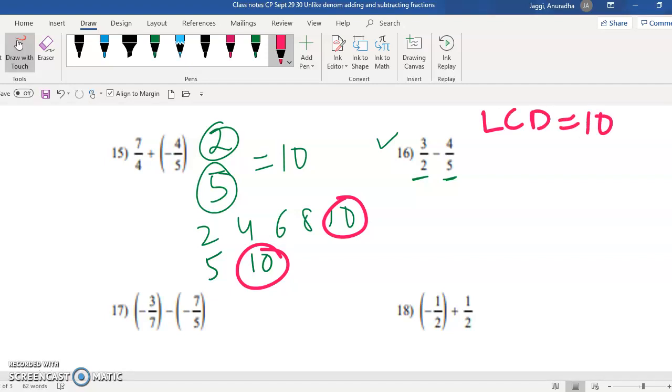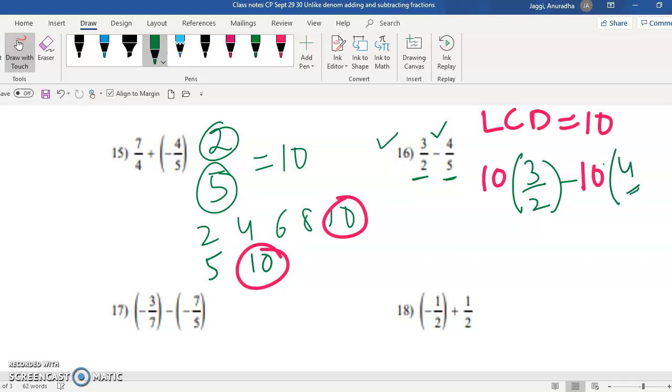Second step, multiply each fraction with the LCD. Copy the sign. Don't put a plus if it is minus. Then your LCD times 3 by 2, minus LCD times 4 by 5. Step 3, simplify.